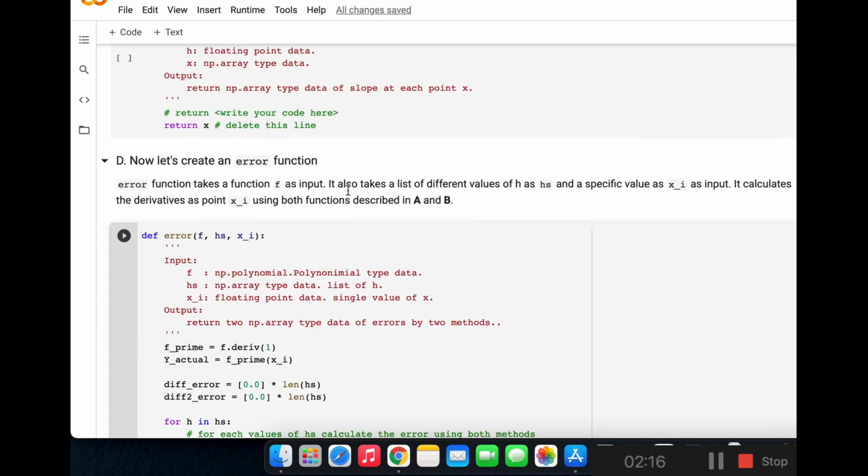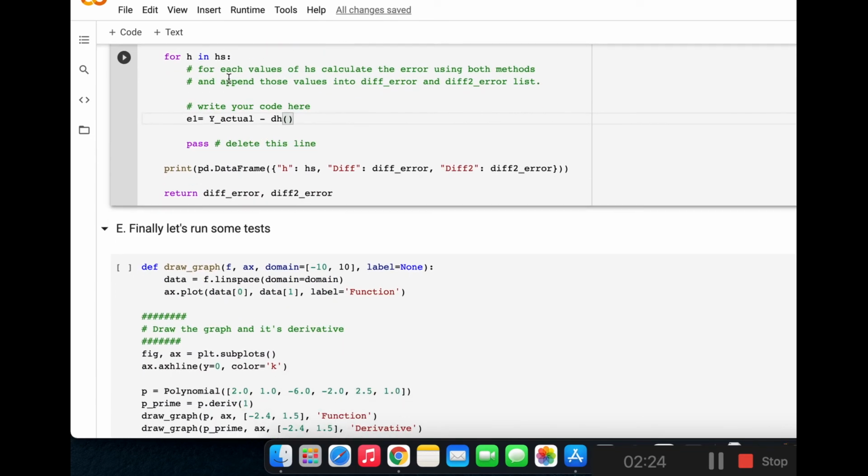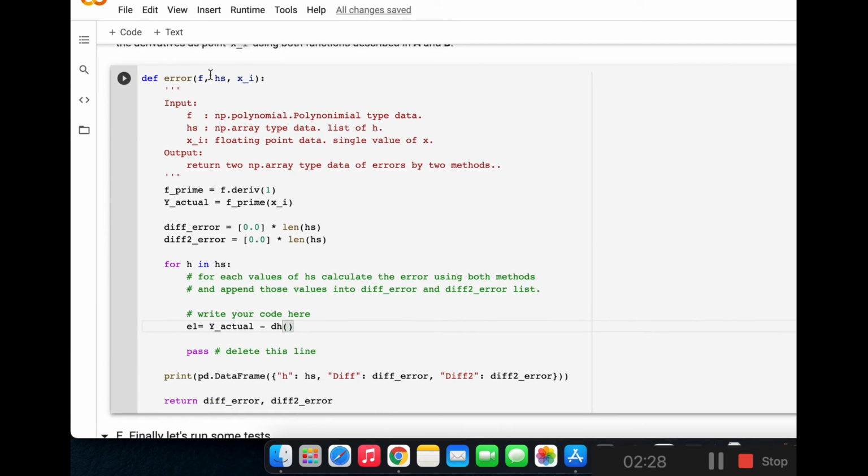And what does this function take as parameters? This function takes one polynomial, the value of h, and some x value. For this error calculation, of course, the values will be the same as the value of h and x in here. So we will be passing on the function f, hs, and x of i.